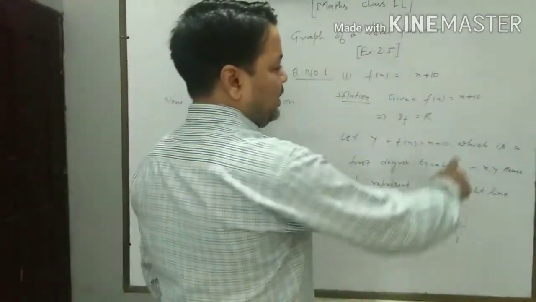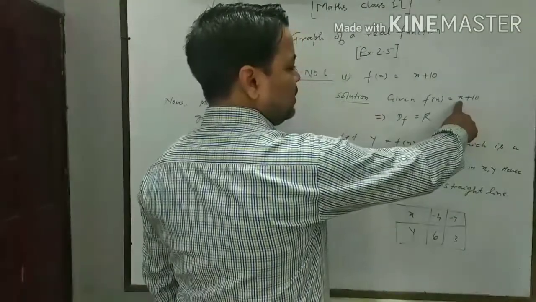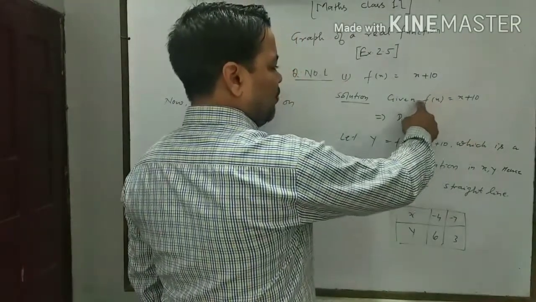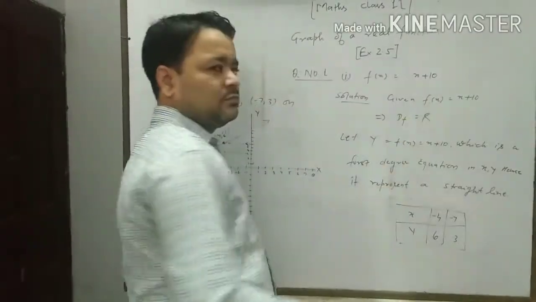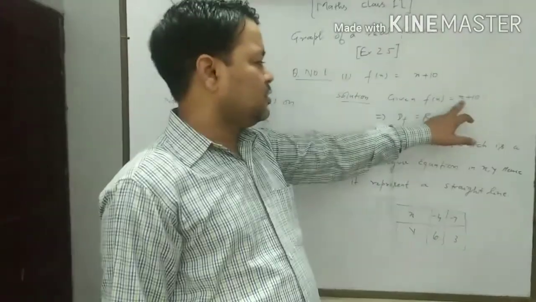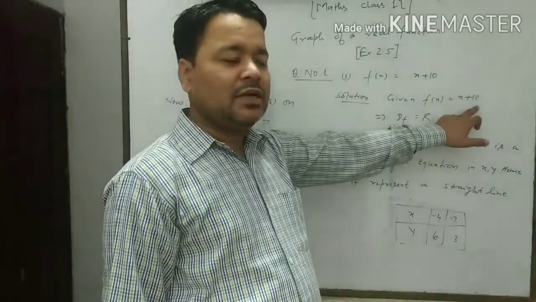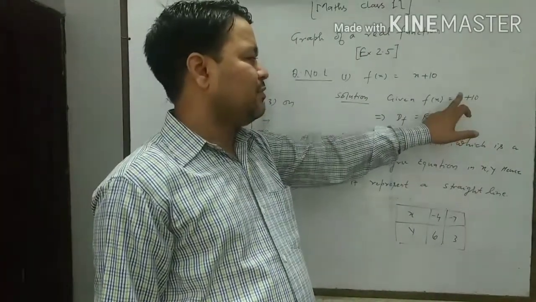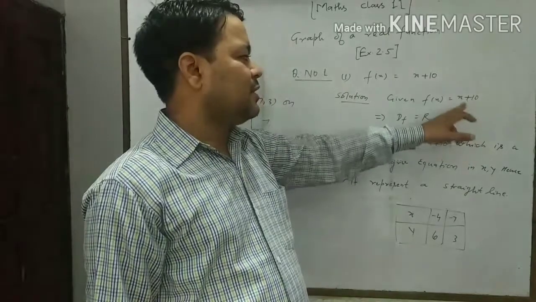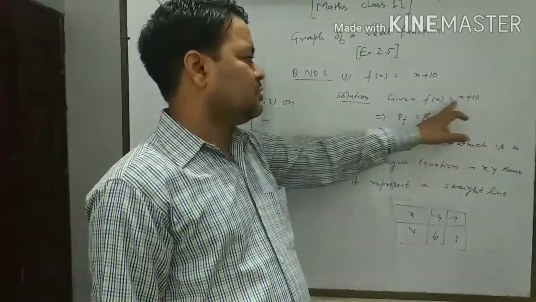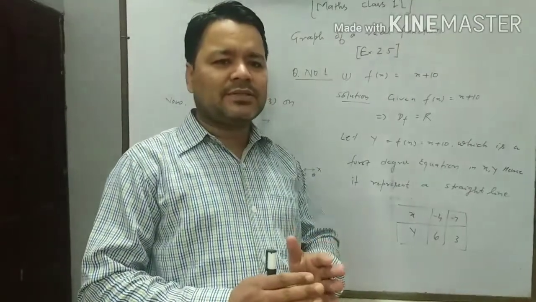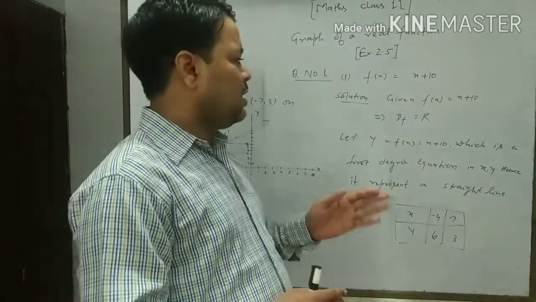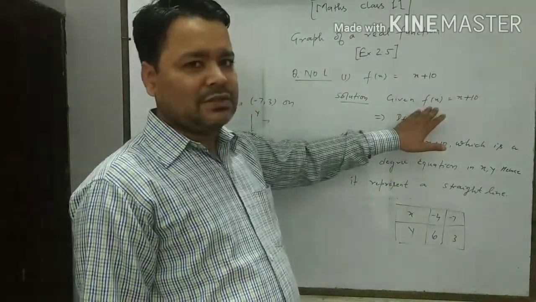The second thing: for each value of a real number we have a value in the codomain. If x = 1, then f(x) = 11. If x = 0, then f(x) = 10. If x = -5, then f(x) = 5. It means for each value of x, we have a value of f(x).